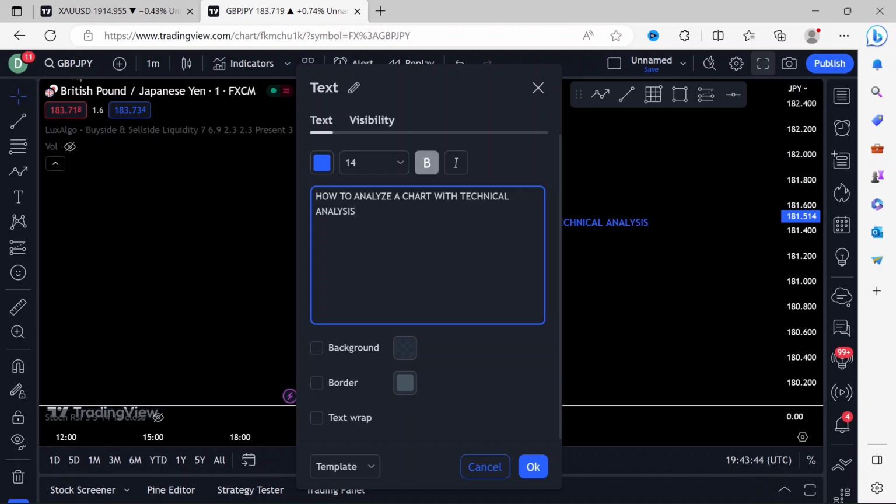So let's get started. In order to analyze the chart, we're going to look at three things. First, we'll know how to determine the market structure. If you have a notebook, you can jot a few things down. Second, we're going to know how to find areas of value from the chart.